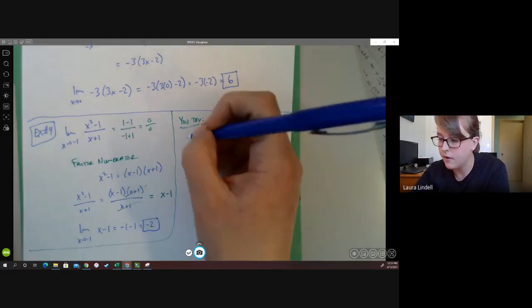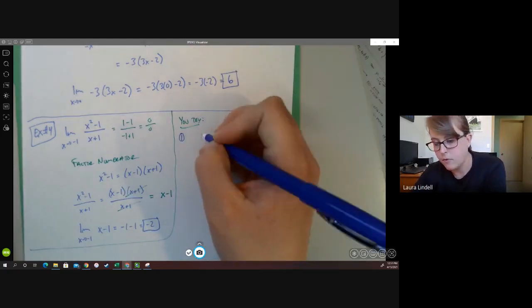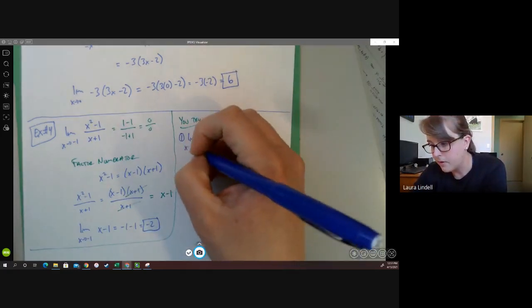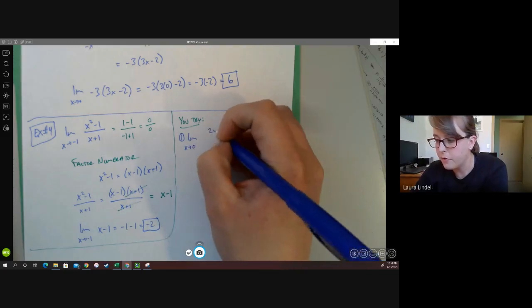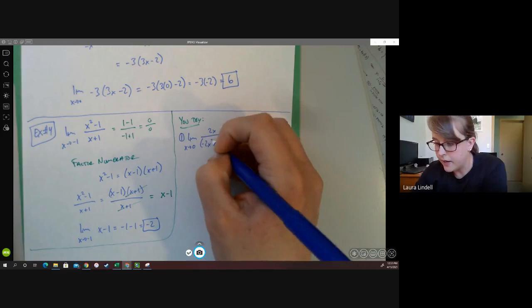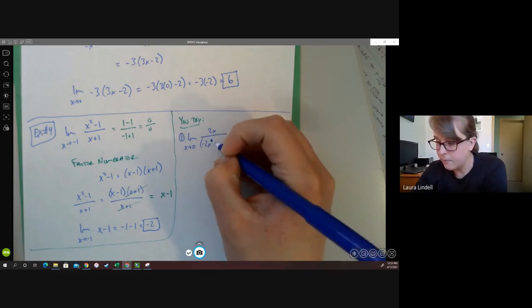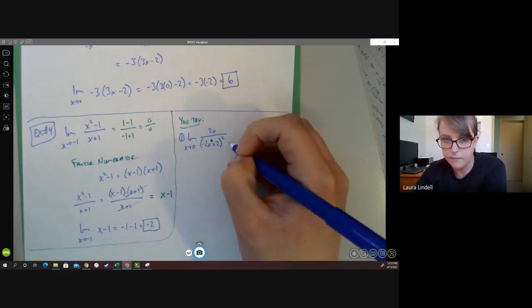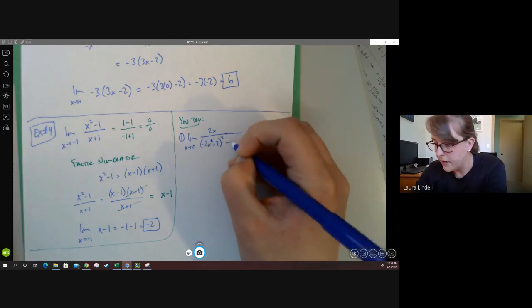First one. We'll go the limit as x approaches 0 of 2x over -2x, not squared yet, plus 2 squared minus 4.